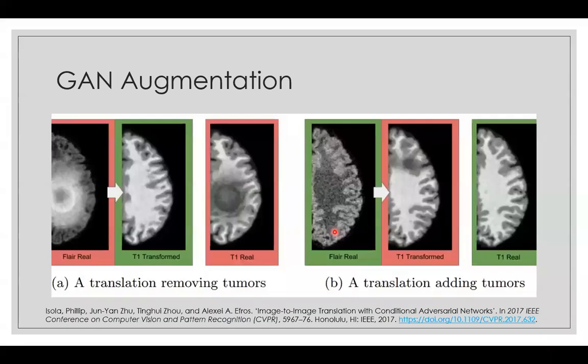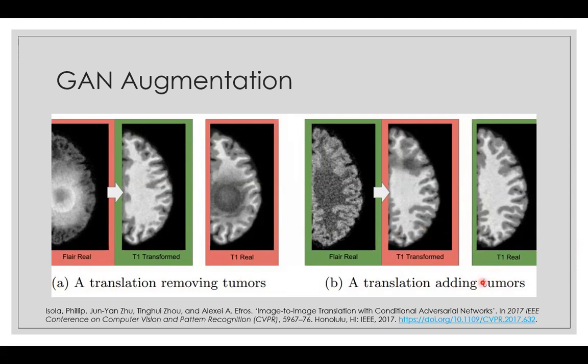Looking at alternative methods, you can also use examples from the CycleGAN methodology, where you can have translation between images with tumors and without tumors to produce examples of various different pathology entities.